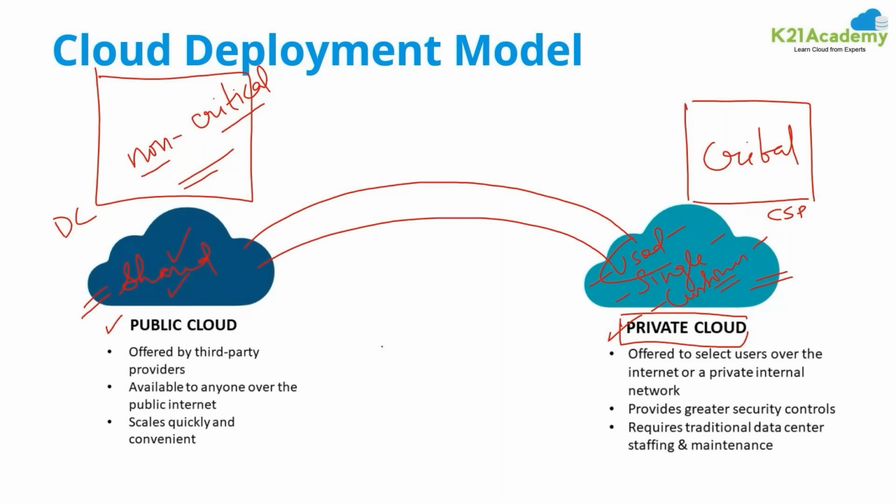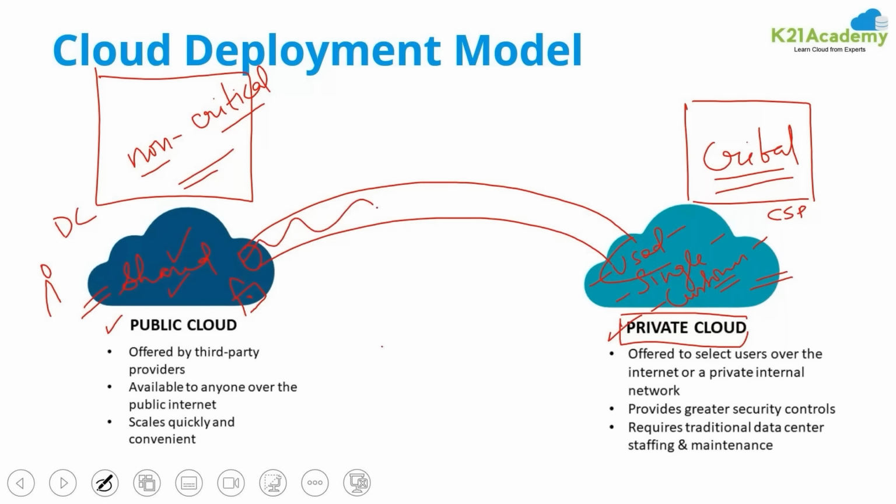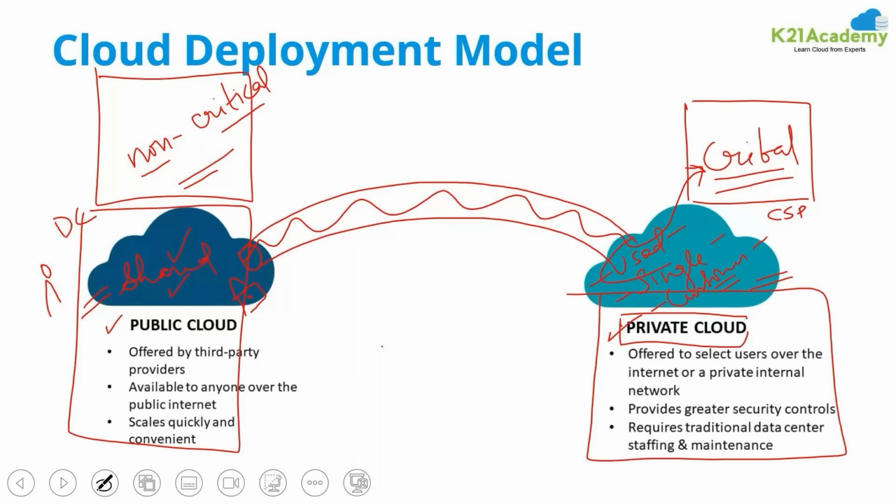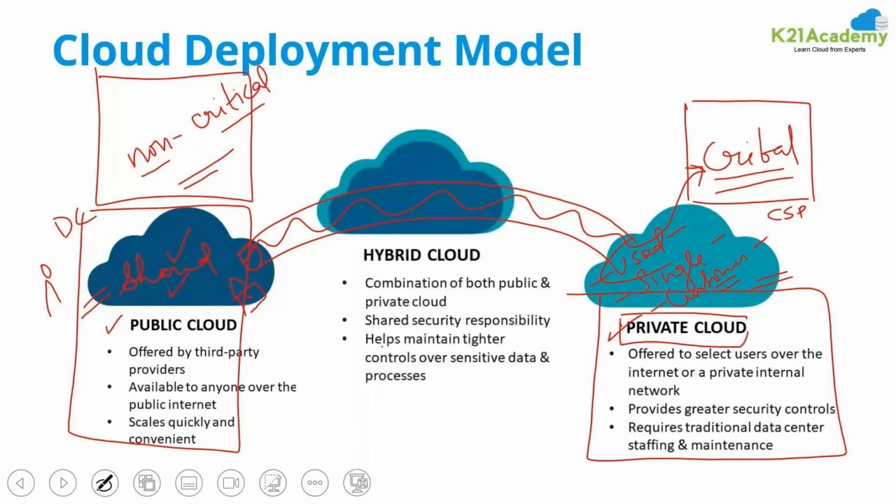Whenever a user in the public cloud wants to access some critical information, he will be required to authenticate, and then only can he access the content present in the critical area, that is the private cloud. If we do this kind of deployment, where some of the infrastructure is in public cloud and some is in private cloud, then that type of deployment is known as hybrid cloud deployment.